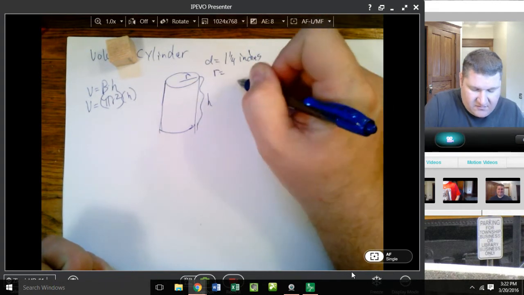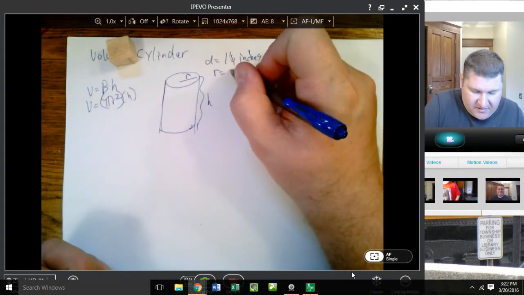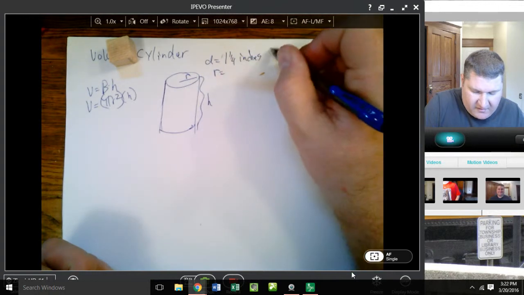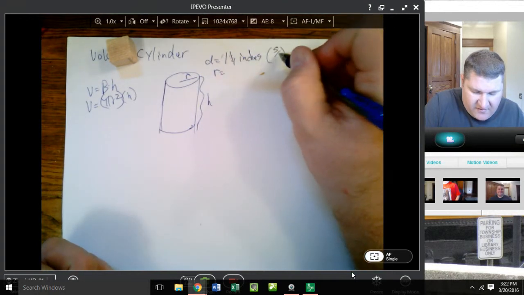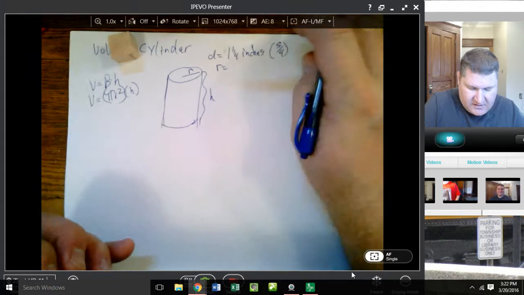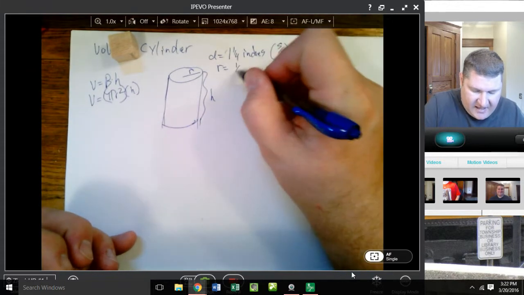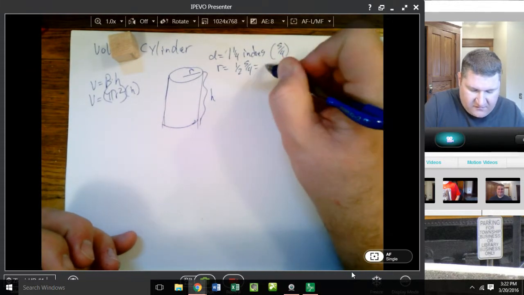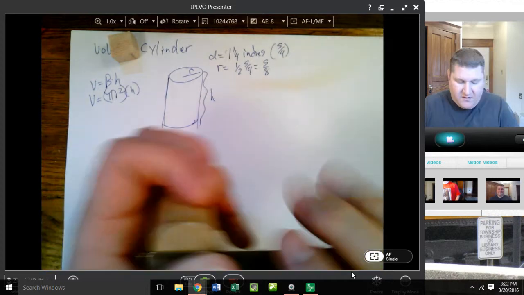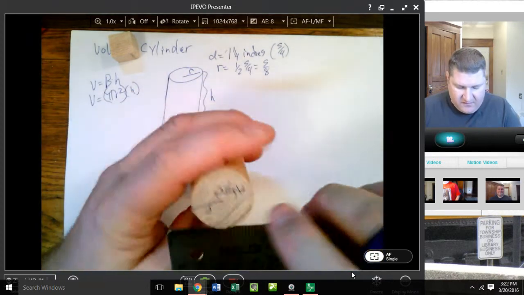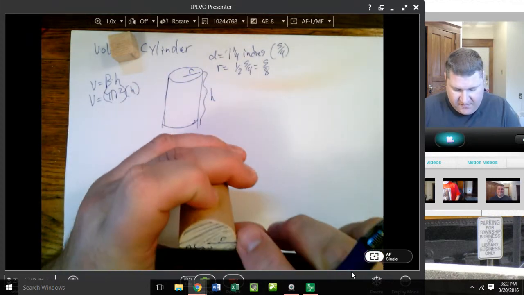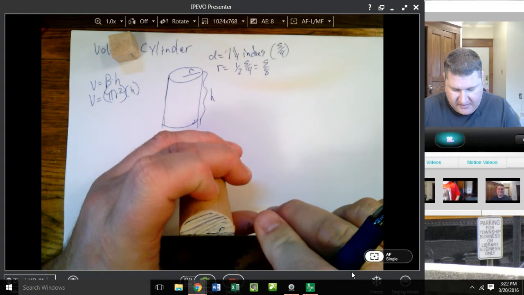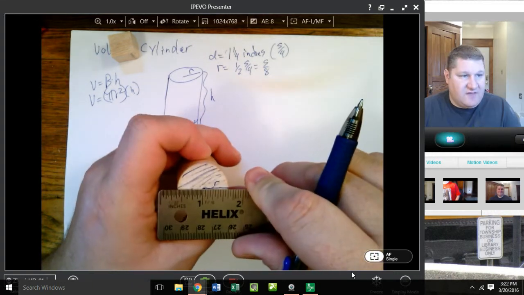So my radius would be half that. Instead of 1 1/4, that would be approximately 5/4. The radius would be half of 5/4, which is 5/8. So my radius on this end should be approximately 5/8 if I marked it correctly. And it is. It's 5/8 exactly.